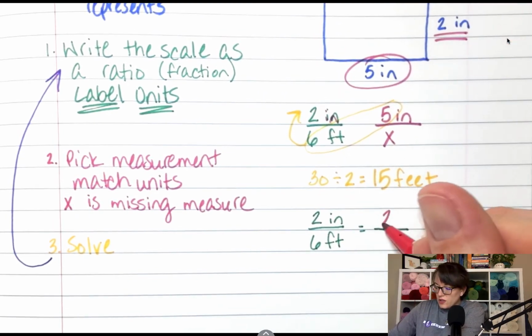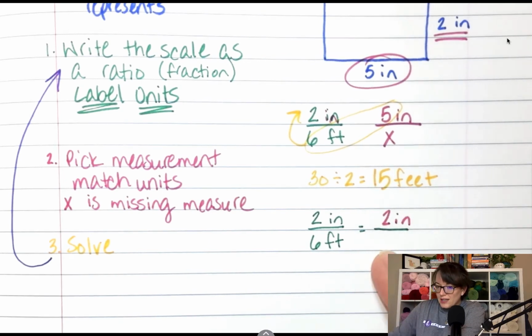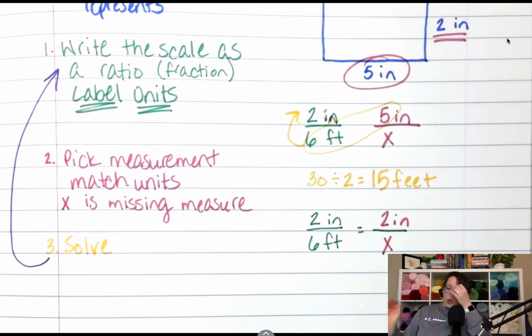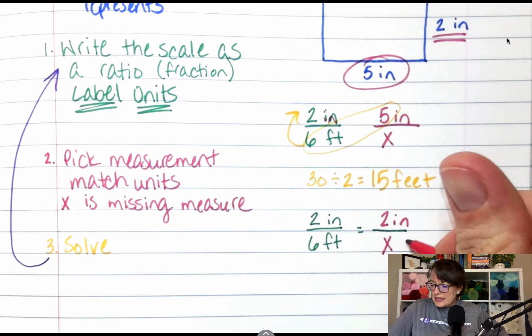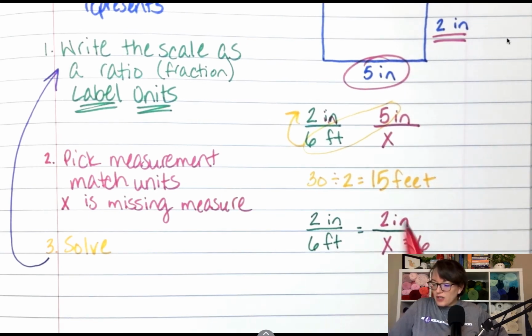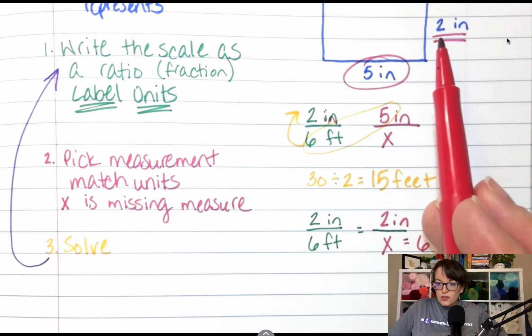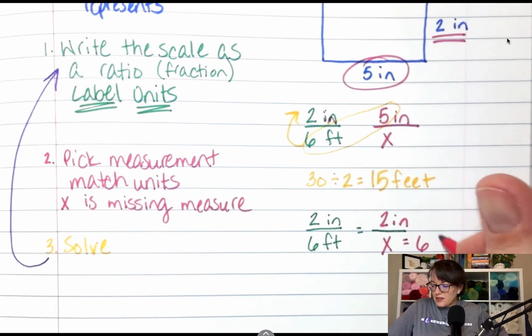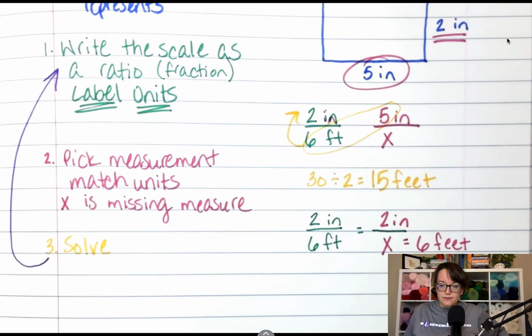And what technically goes here? Technically, it's X, because it's my missing piece. Now, look at your proportion. What is X? X is 6, because it already told you that 2 inches represents 6 feet. You don't even have to solve that one.